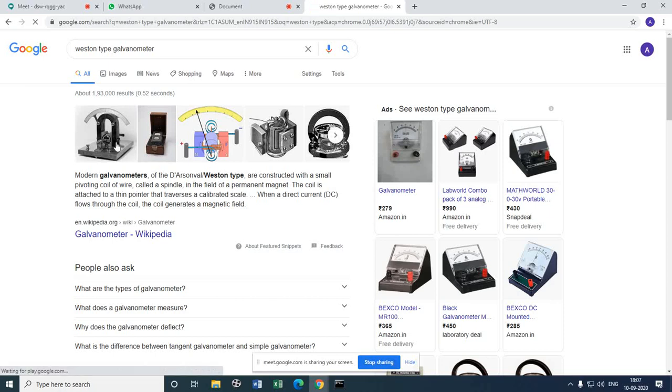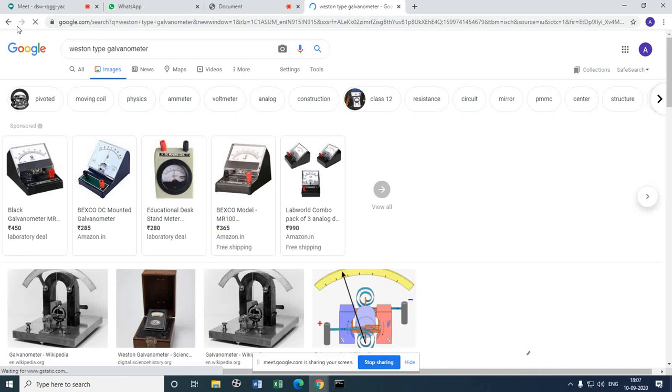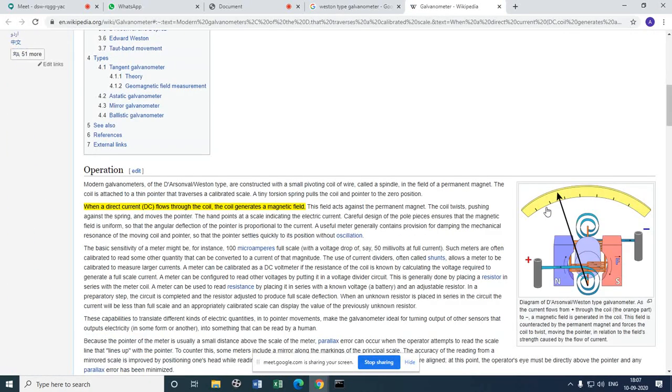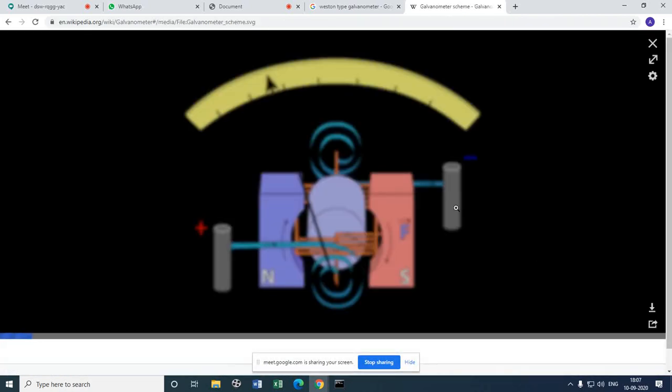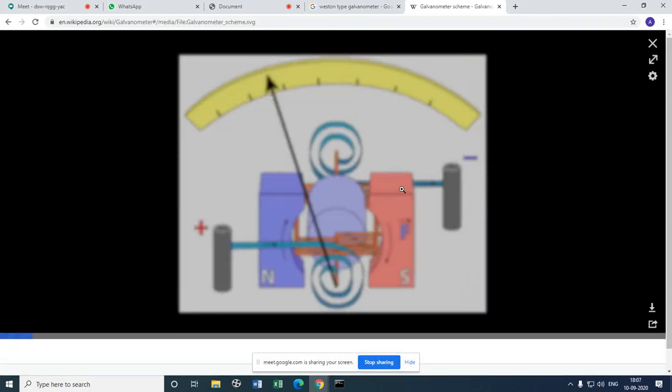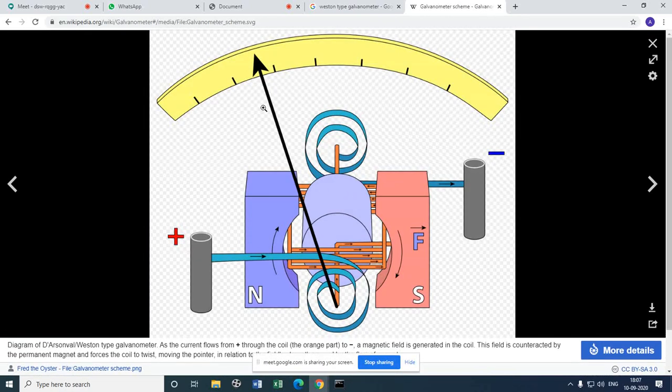Okay. So now this is the wiki. Let me go to the wiki. Here you can see a very good diagram. Let us try to understand what we have here. We have two field magnets, North Pole and South Pole. And there is an armature fitted on an aluminium frame.